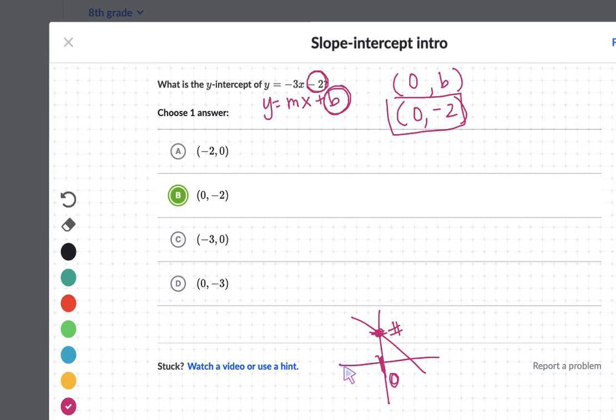So the x-axis's number has to go first, and then the y-axis's number goes second. So that number is second because it's on the y-axis at that number. So this answer is 0, -2.